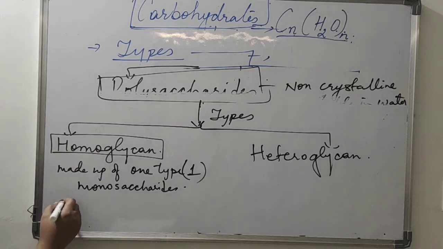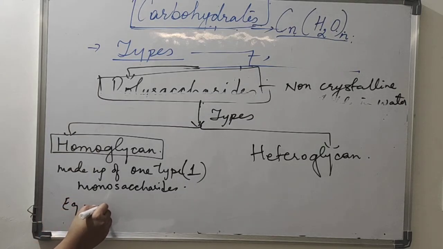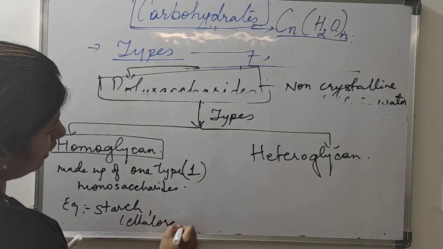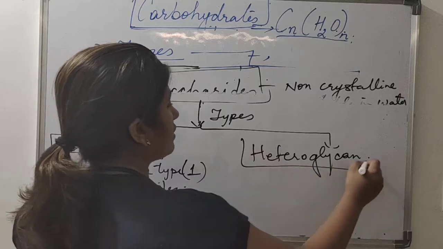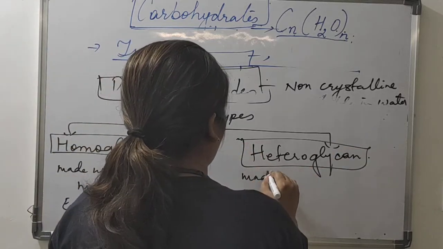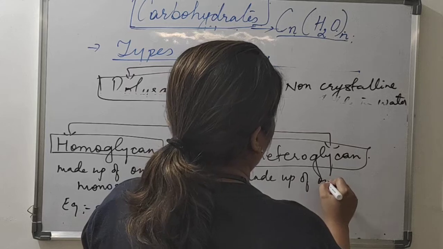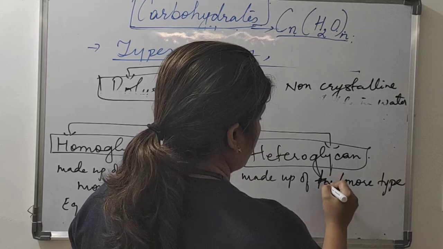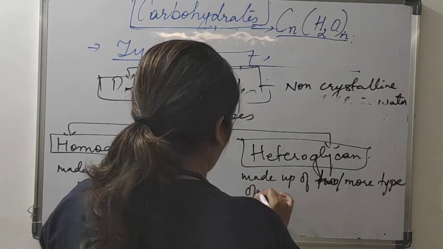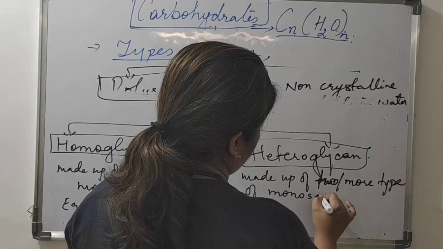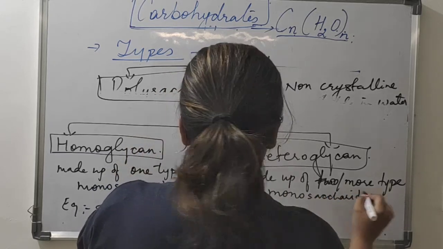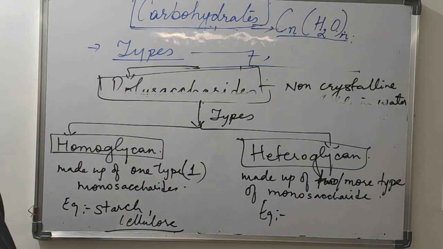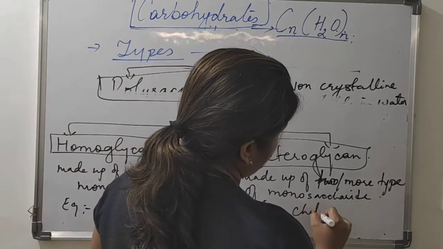Examples are starch and cellulose. They are made up of only one type of monosaccharide. Heteroglycan is the opposite, made up of two or more types of monosaccharide. Examples are chitin and peptidoglycans.